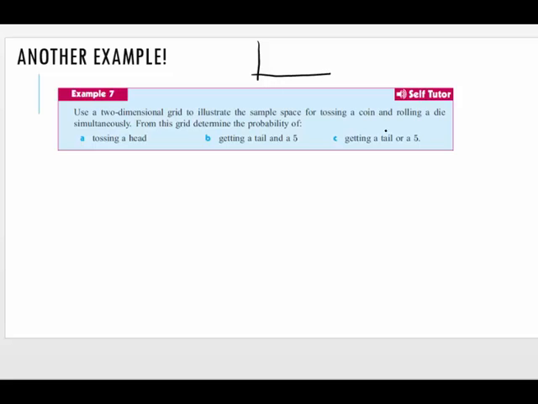Two dimensions for this one would be first dimension, tossing the coin, second dimension, rolling the die. A coin has how many possibilities? 2. Exactly. So we have heads and tails. And then for rolling a die, we have how many possibilities? 6. So we do 1, 2, 3, 4, 5, 6.